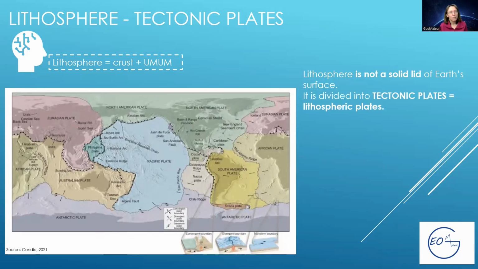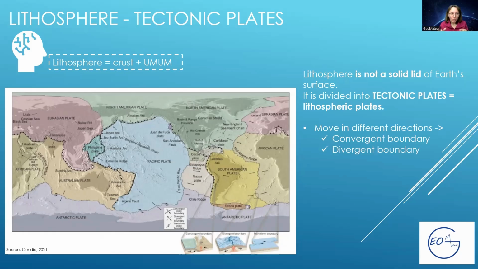It's divided into tectonic plates, also known as lithospheric plates, and they move in different directions, and there can be a convergent boundary between them, divergent boundary, and transform boundary.